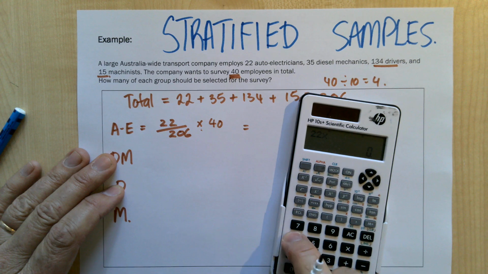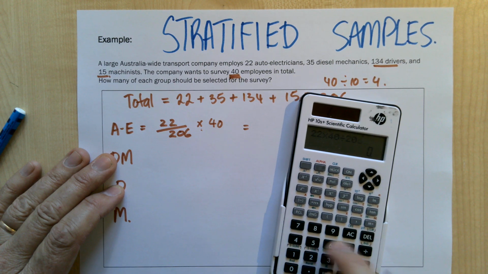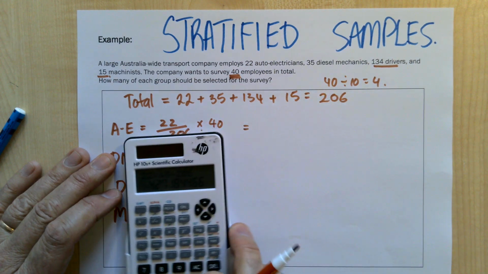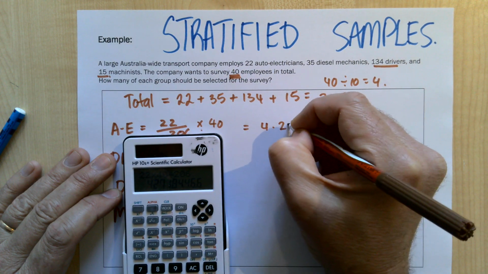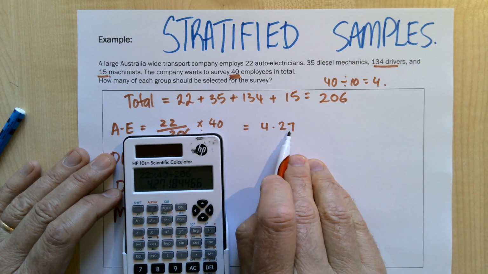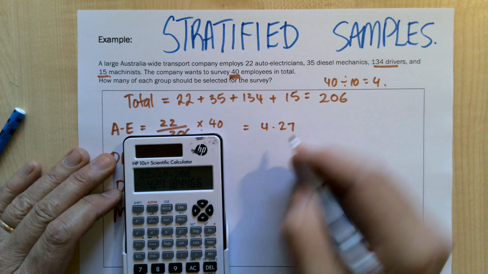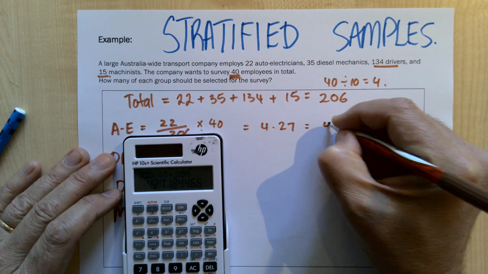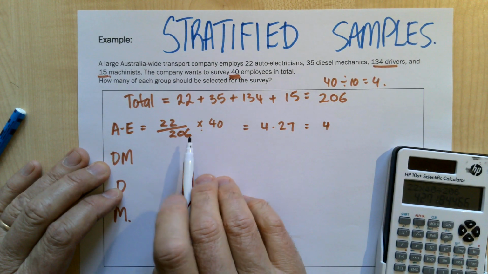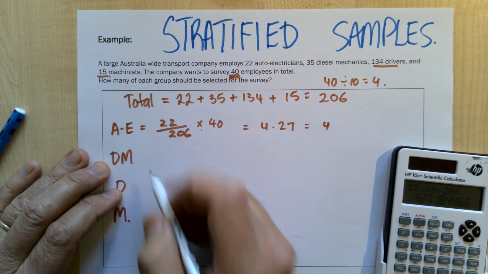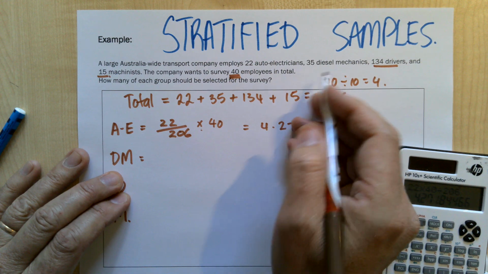22 times 40 divided by 206 gives me 4.27. Now, I can't pick 4.27 people. I can pick 4 or I can pick 5. So if I round that to the nearest whole number, that's 4. Okay, so I'm going to pick 4 of the auto electricians. All right, diesel mechanics, there's 35 of them.